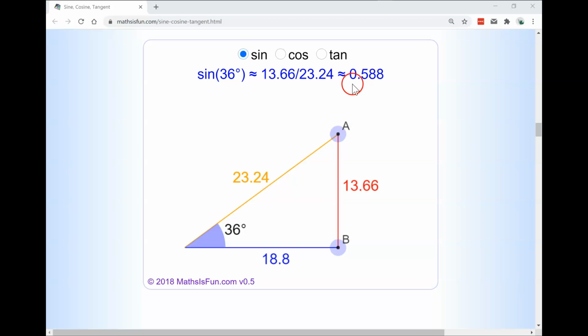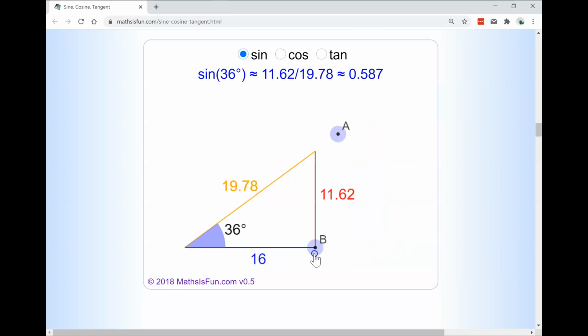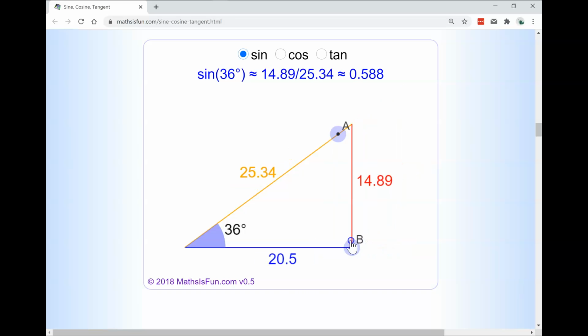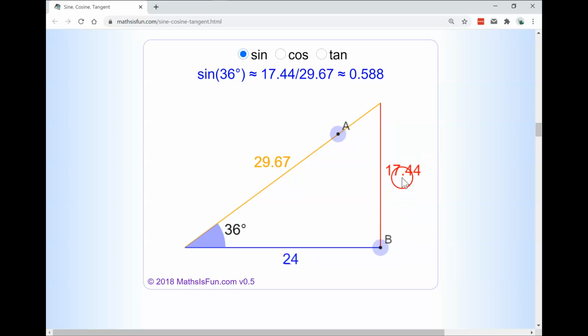Now what I want you to do is watch this 0.588 as I change the size of the triangle. But as I change the size of the triangle, the thing that's going to stay the same is the 36-degree angle. So you can see the lengths of the sides are changing, but no matter what the lengths of the sides are, now the opposite side is 17.44 and the hypotenuse is 29.67, but when you divide them, you're still getting 0.588.